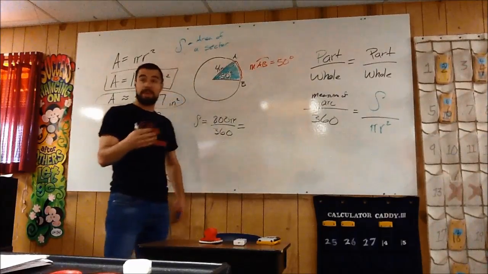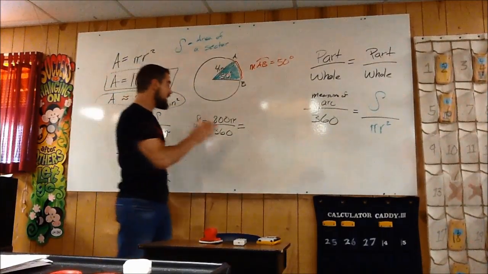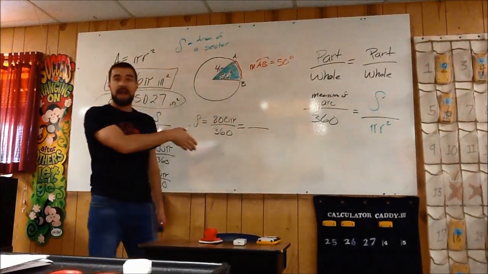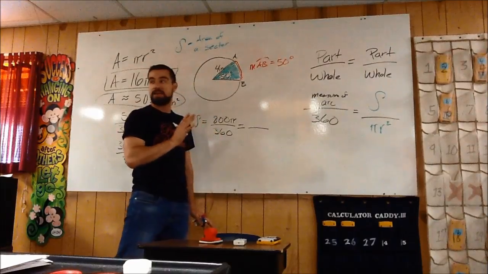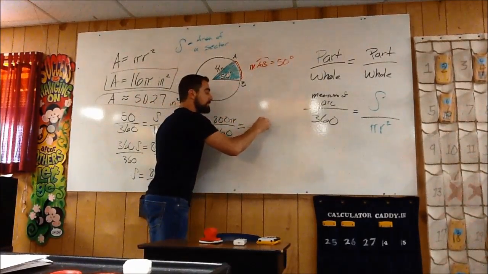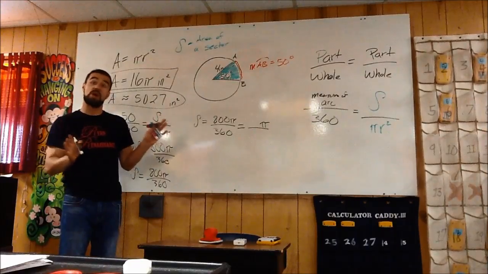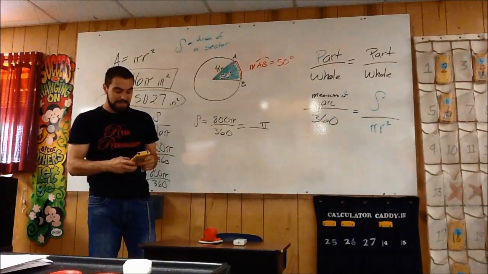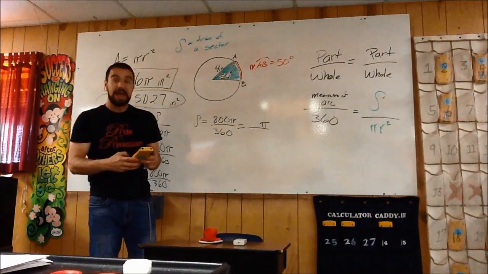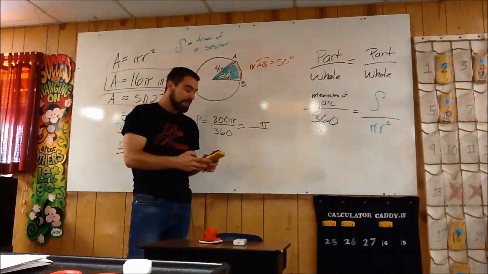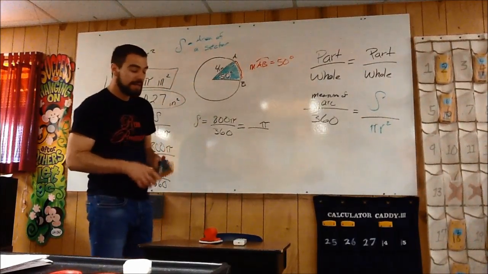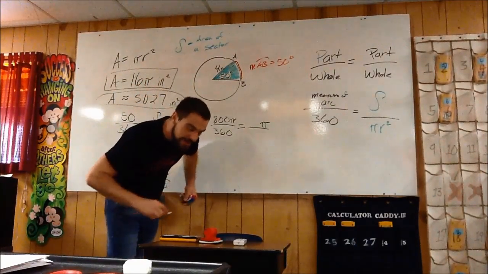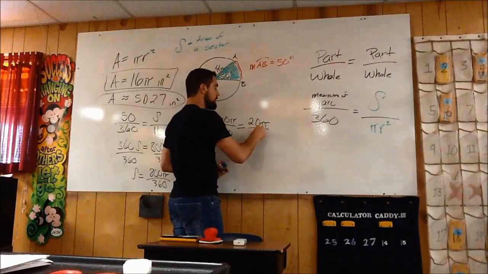To help myself remember that, before I touch my calculator, I write the new fraction and put pi where it belongs, so it's in the numerator. Then I'll grab my calculator. I'm going to type in 800 divided by 360. I get 2.222 forever. Enter, enter. And this reduces just the integer coefficients down to 20 over 9.